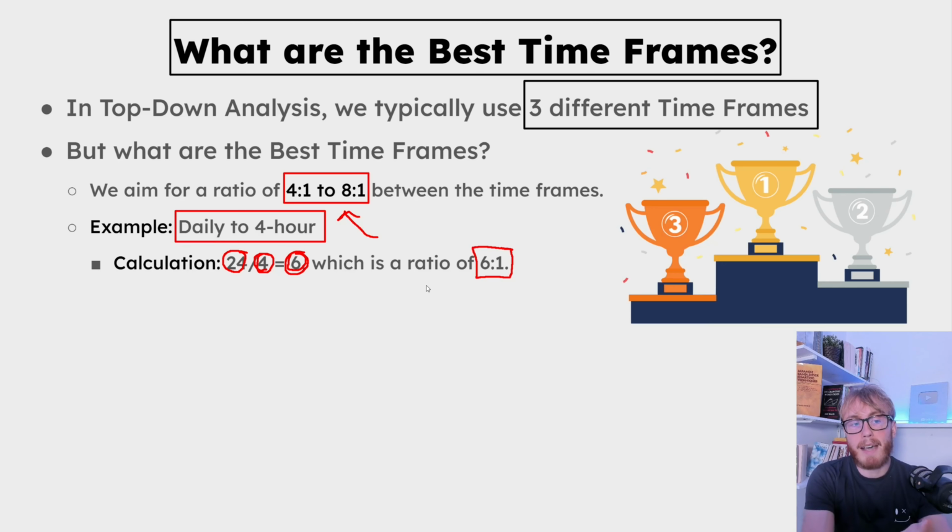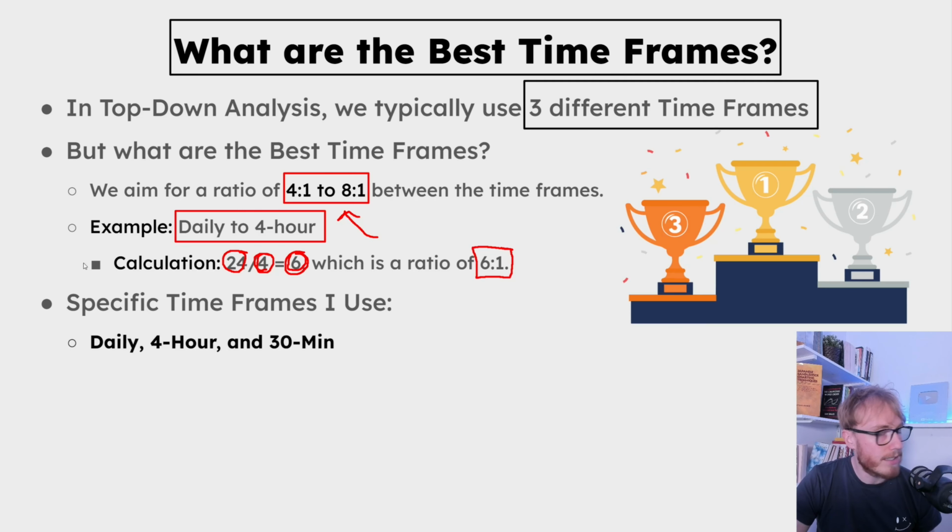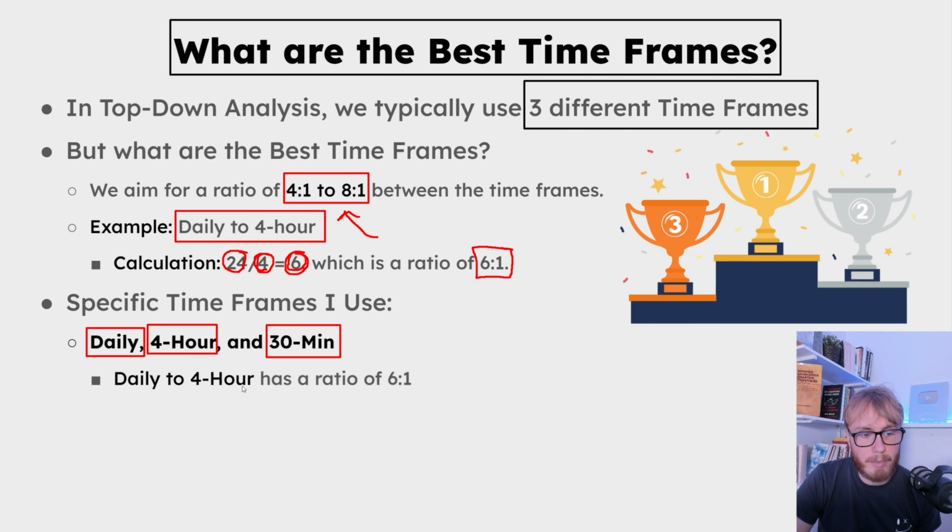So we can, for example, have the daily time frame as our high time frame and the 4 hour as our medium time frame. But what about the specific time frame combinations? Well, a combination that I use is this one right here: the daily time frame, the 4 hour time frame, and the 30-minute time frame. And why does this combination work?